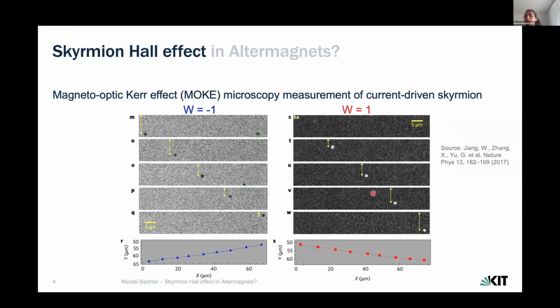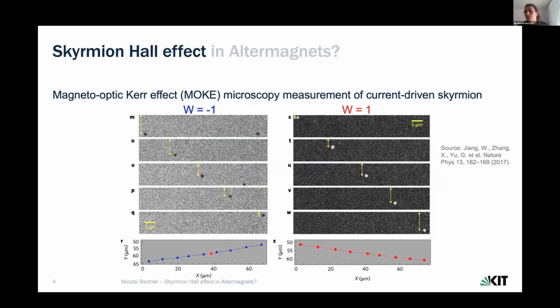And this is not just some theoretical concept of ours. No, this actually has been measured, for example, in this measurement via MOKE microscopy. On the left-hand side, we have a skyrmion with charge -1. And we see that when applying current pulses into the x direction, the skyrmion trajectory goes into the positive y direction.